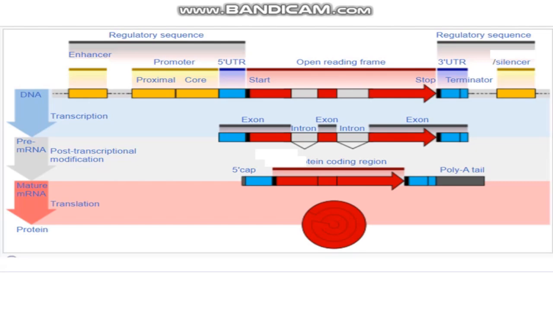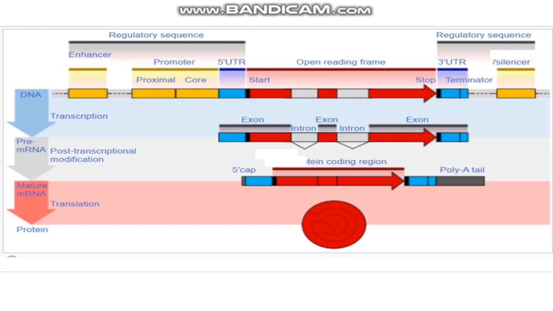These regions are transcribed into the messenger RNA, but they are never translated into a protein. The 5' UTR is critical for ribosome recruitment to the messenger RNA and start codon selection, and it plays a role in shaping the cellular proteome.